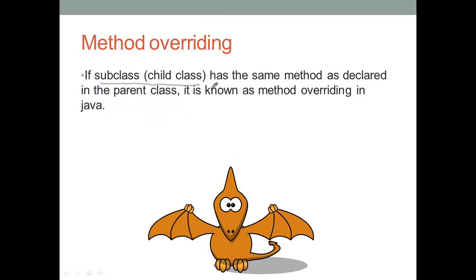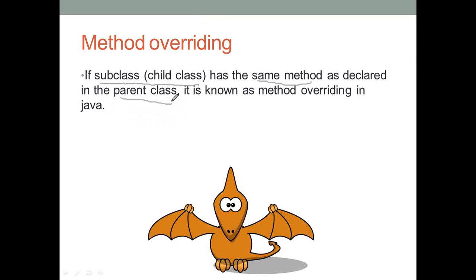If a child class has the same method as declared in the parent class, it is known as method overriding in Java. This concept is similar to method overloading, which we discussed. The names also sound very similar, method overriding and method overloading.